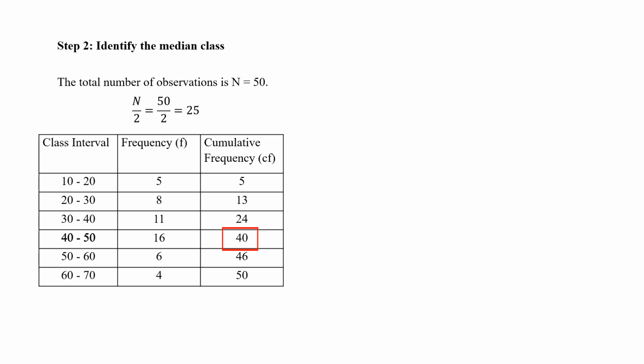So 40 is greater than 25, which is the first value greater than or equal to 25. Therefore the median class in this case is 40 to 50.